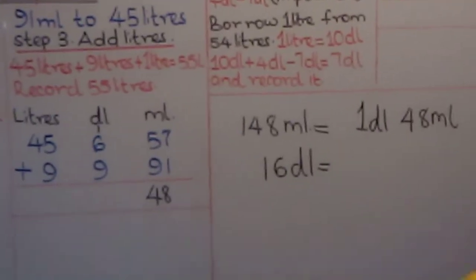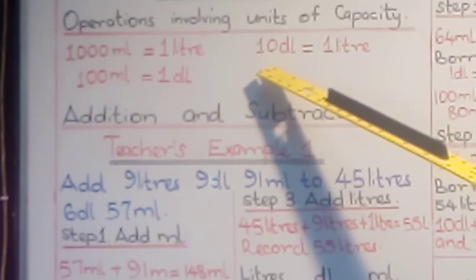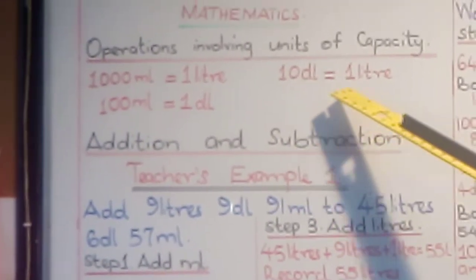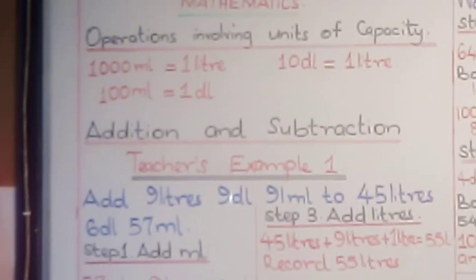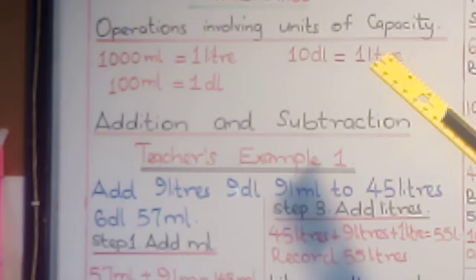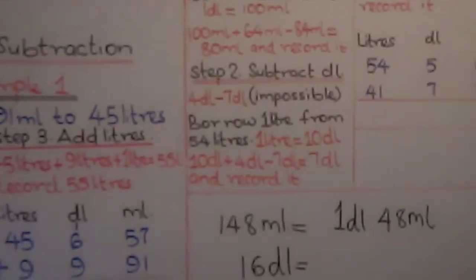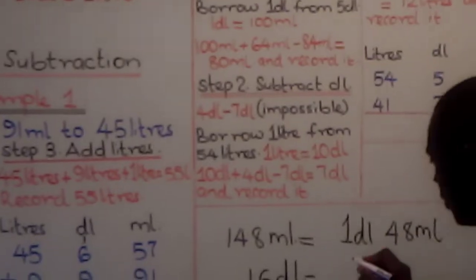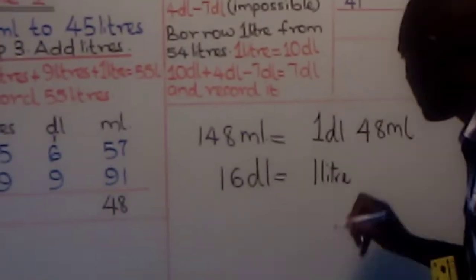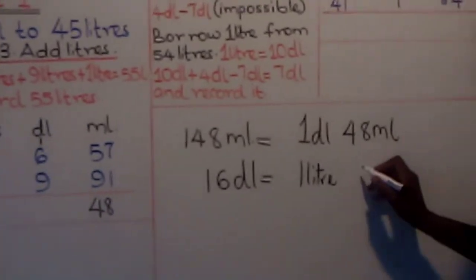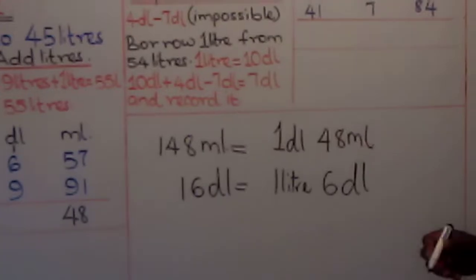Remember, from the conversion here, each 10 deciliters is equal to 1 liter. And so out of this, 10 deciliters are going to be 1 liter. And then the remaining 6 will be deciliters.